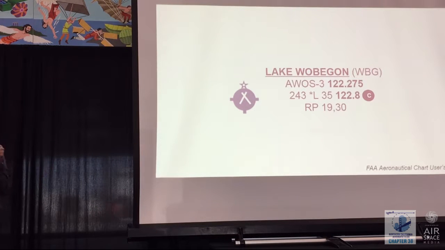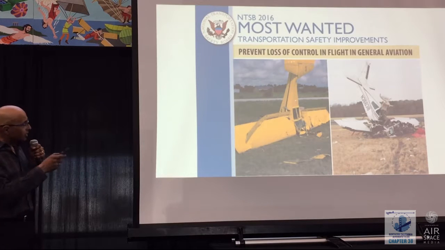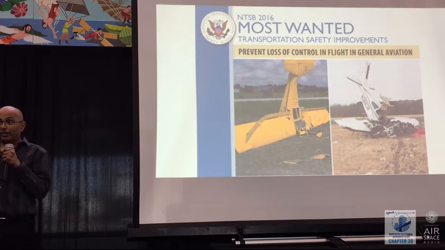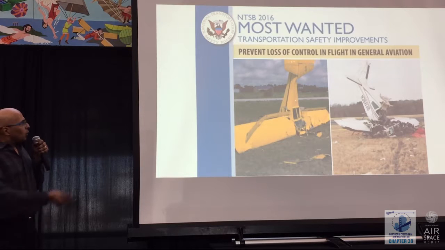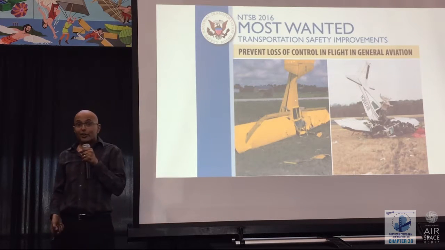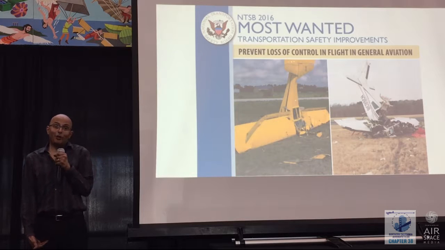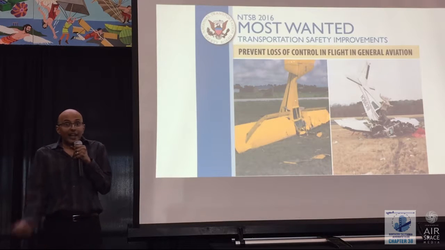And there's an interesting significance to that, which is that the National Transportation Safety Board is on our tails. So we show up for loss of control on their most wanted list for several years in a row now. And if we don't fix the problem ourselves, someone else is going to come in and fix it for us. And you know, I get it.